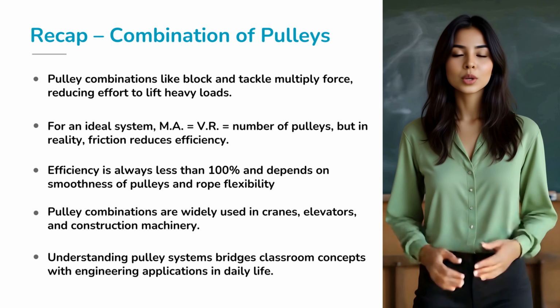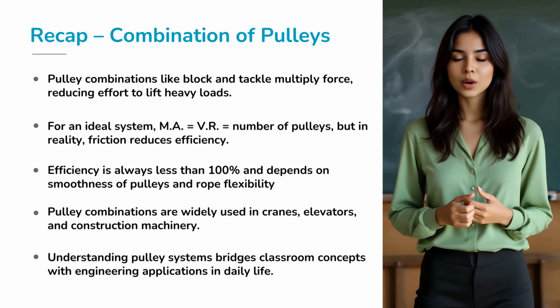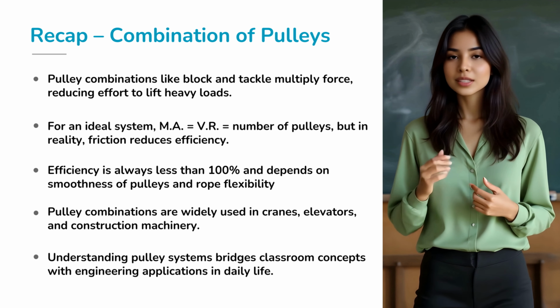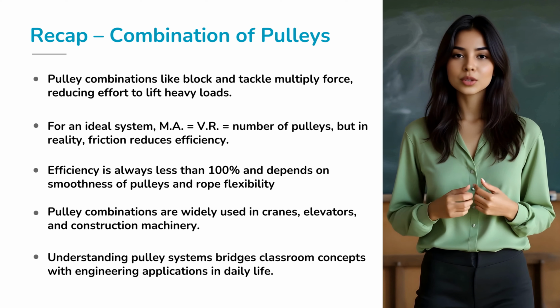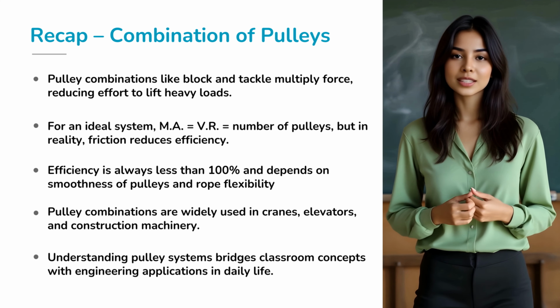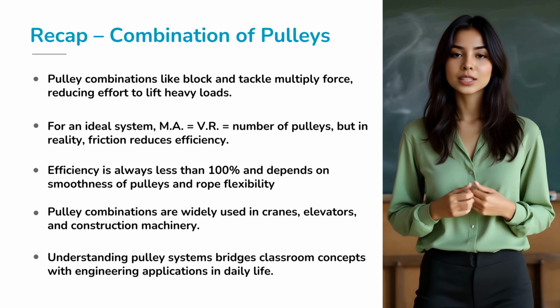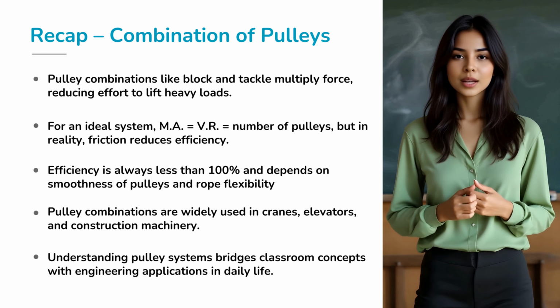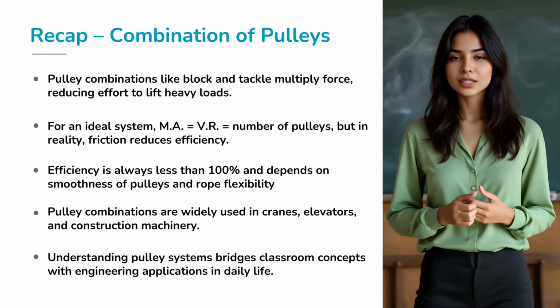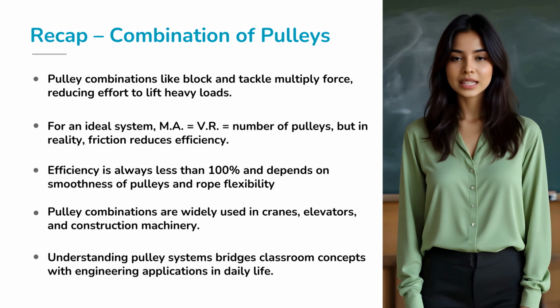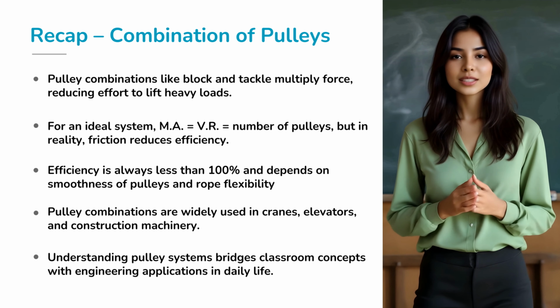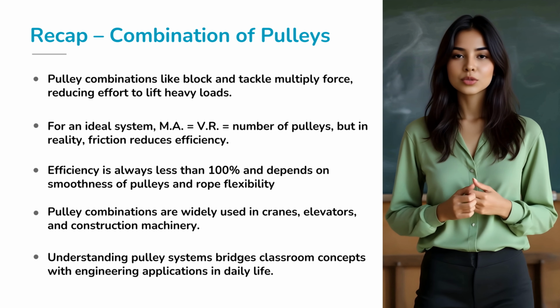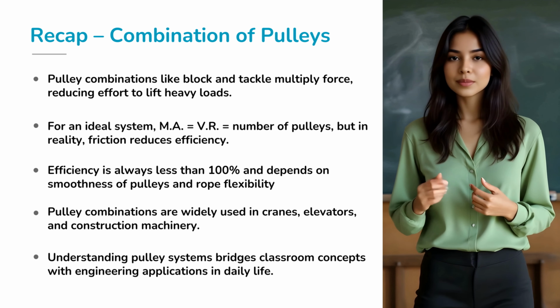Let's recap what we learned. Pulley combinations like block and tackle are designed to multiply force so that we can lift heavy loads with less effort. In an ideal world, mechanical advantage equals velocity ratio and both equal the number of pulleys. But in reality, efficiency is always less than 100% due to friction and rigidity of ropes.